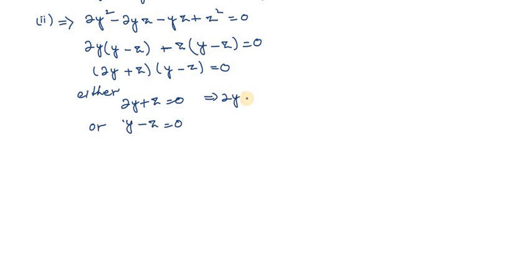Simply 2y is equal to minus z, and the value of y is equal to minus z upon 2. This we say expression 3, and y is equal to z, equation 4.